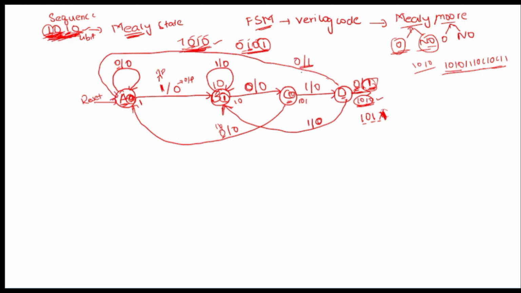This happens only when it is non-overlapping. Only when it is non-overlapping, after the entire sequence of 4 bits is detected, again it will be starting for the next 4 bits.